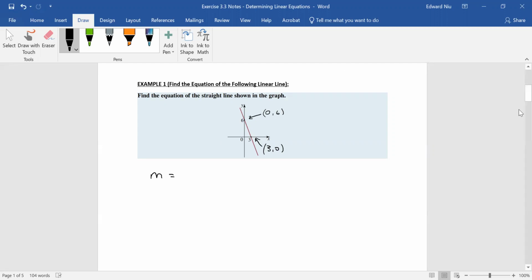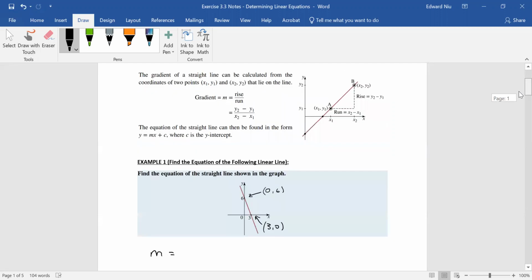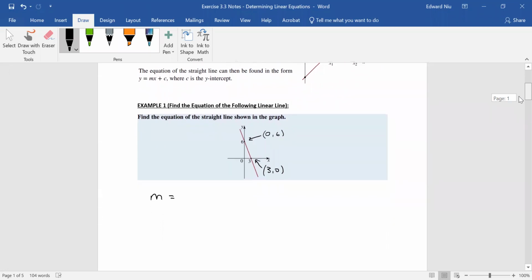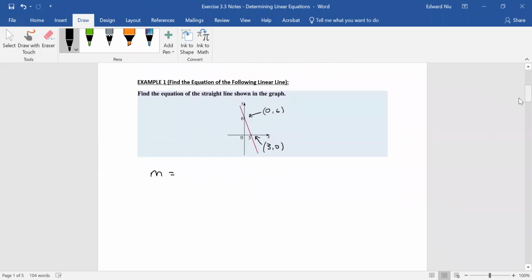Now, if we look at our formula to find the gradient, y2 take y1 over x2 take x1. The higher one is always going to be x2, y2, and the lower coordinate is always going to be x1, y1. So our gradient is y2 take y1 divided by x2 take x1.